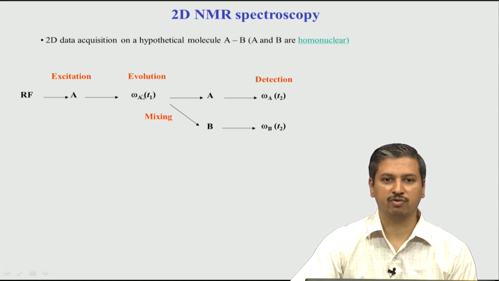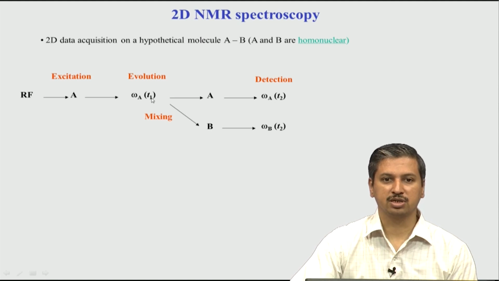Mixing is different from evolution. During evolution the only thing happening is the chemical shift is evolving, but during mixing we transfer the magnetization from here to here, or the coherence is basically interchanged.